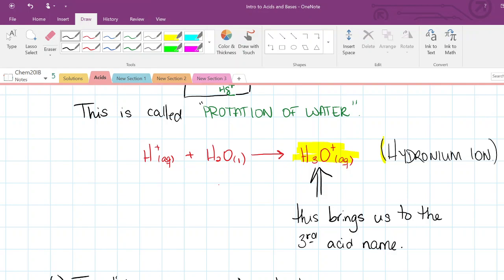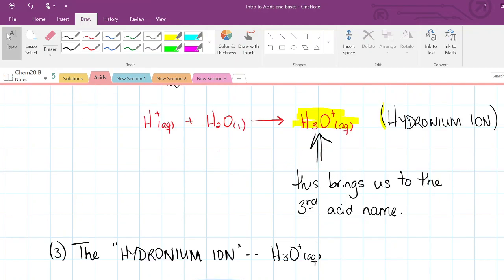And Arrhenius realized that this hydronium ion was much more likely to have such a profound effect on a solution in comparison to the hydrogen ion. And this was really the basis of his modified Arrhenius revelations.